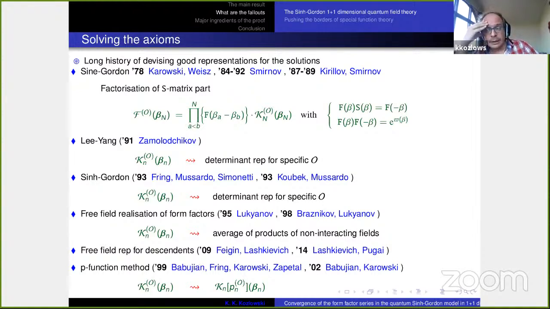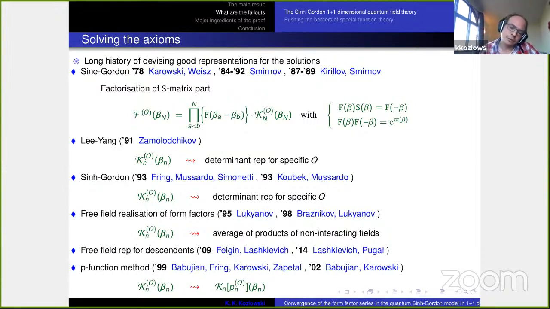And maybe the construction on which I will focus, which is actually a way of rewriting the free field construction of Lukyanov, is the construction proposed by Babujian, Fring, Karowski, and Zapletal for the Sinh-Gordon model in '99, and then extended to the breather sector of Sinh-Gordon, which is equivalent to the Sinh-Gordon model, by Babujian and Karowski.